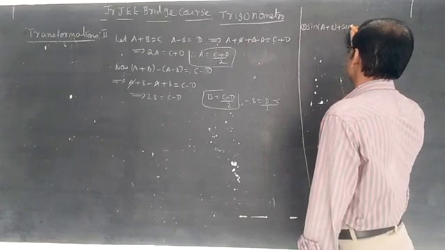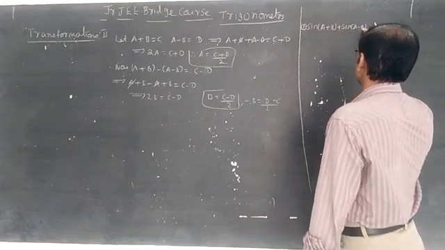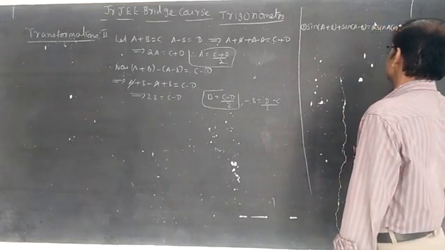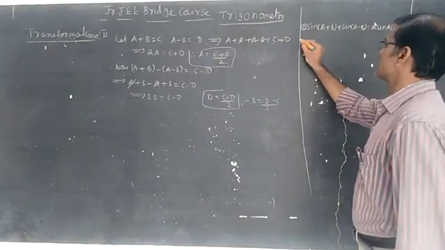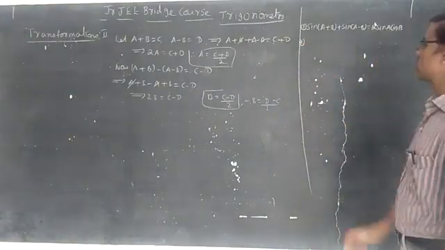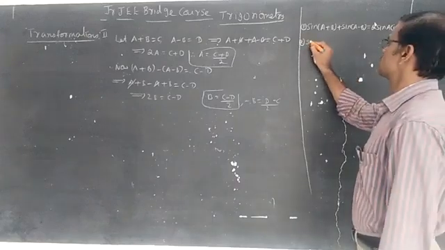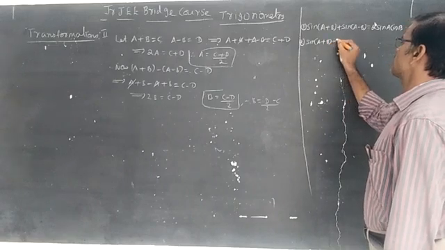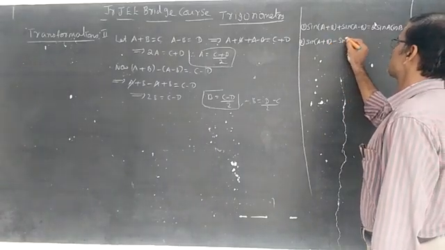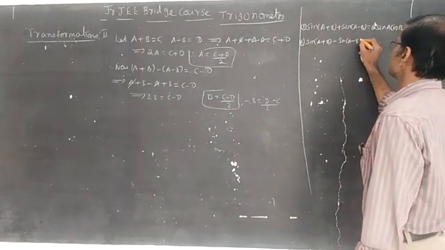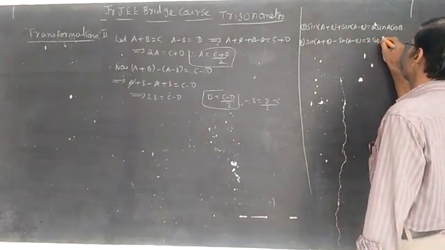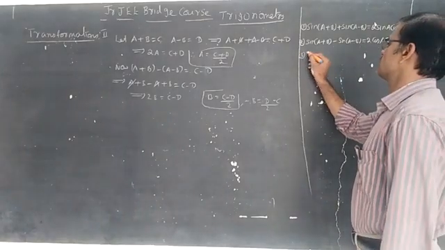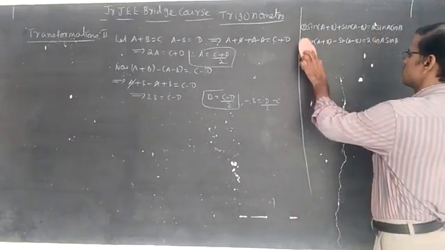Sin of A plus B plus sin of A minus B is equal to the formula we got, 2 sin A cos B. Next one, depending upon the second formula, sin of A plus B minus sin of A minus B, we have learned as 2 cos A sin B.